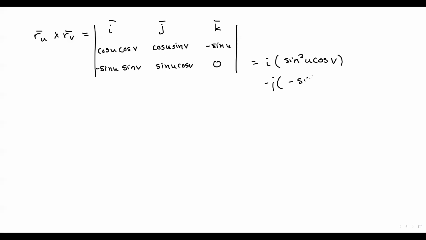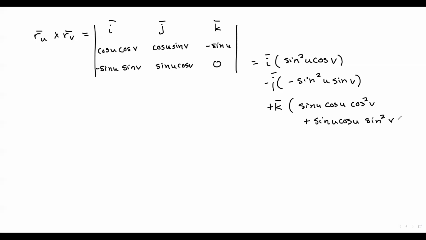So minus sine squared U sine V, and then plus K. And we get sine U cosine squared V. And then minus a negative, so double negative, plus sine U cosine U sine squared V.